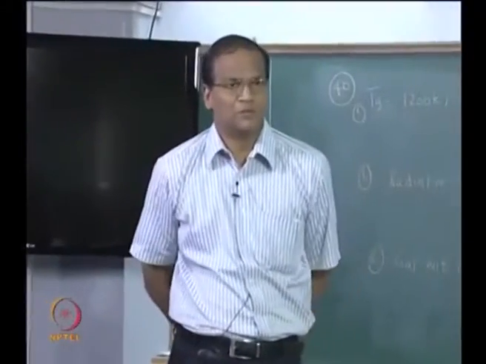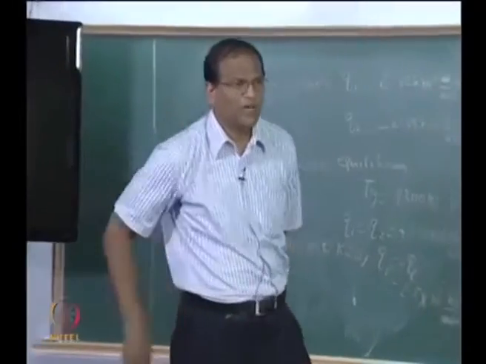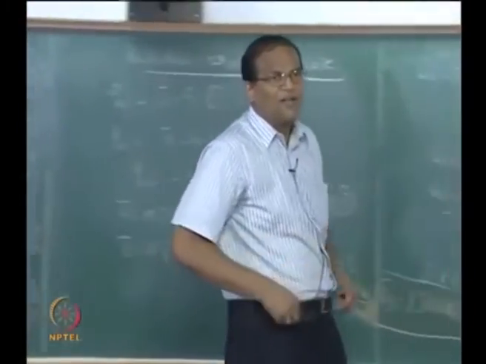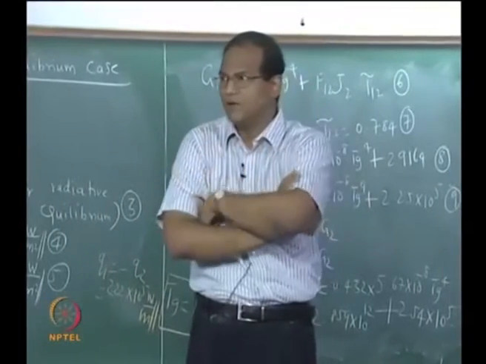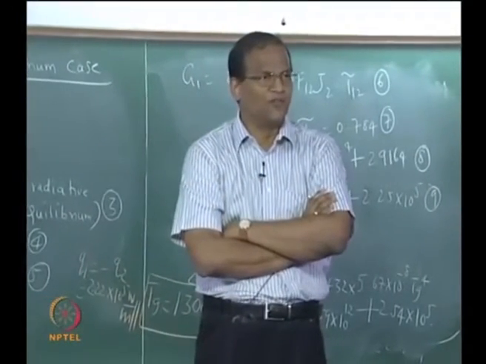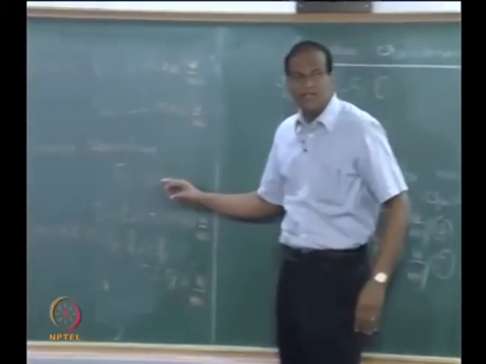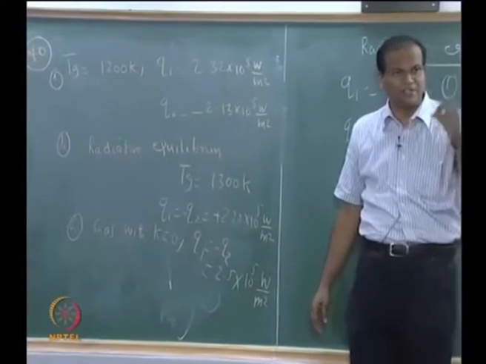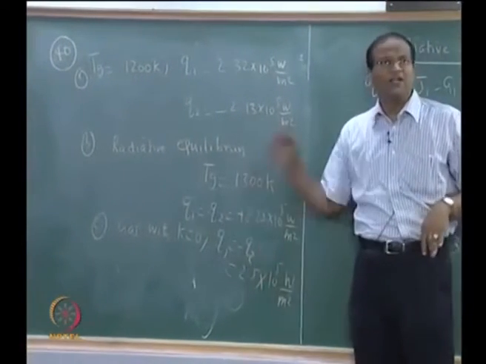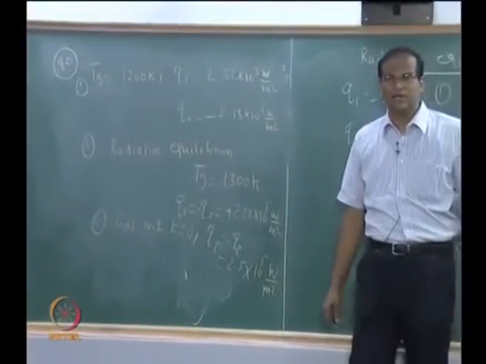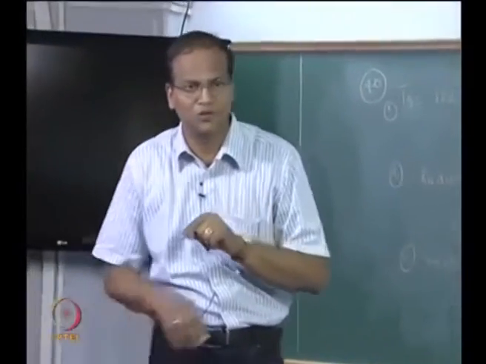Where all the temperatures are specified, you have no control over the energy balance. Second, you talk about energy balance in the equilibrium case where Q1 will be equal to minus Q2. And the third case will be kappa equal to 0, and Arjun is correct, 2.5. Now even for the radiative equilibrium case, because the gas has a kappa which is not equal to 0, you are getting a flux which is lower than what you would have got if you had a transparent gas, or had vacuum in between these two plates.